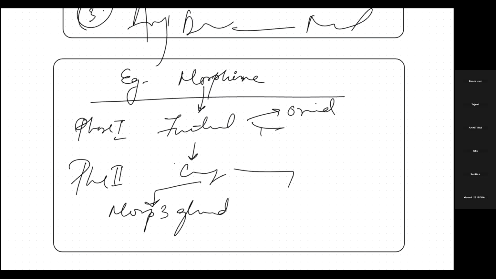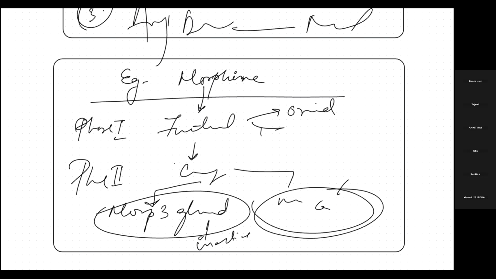Morphine 3 glucuronide is an inactive drug, so it's very good that it's inactive. But morphine 6 glucuronide is a very potent analgesic. So an important point here is that once you give morphine, after metabolism it is becoming more active, more potent as an analgesic.